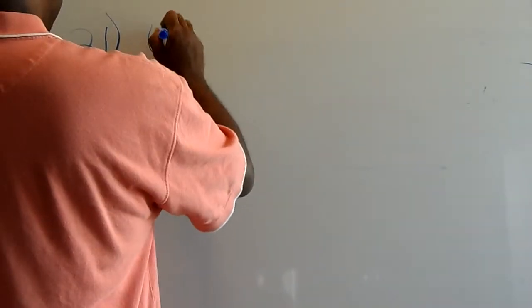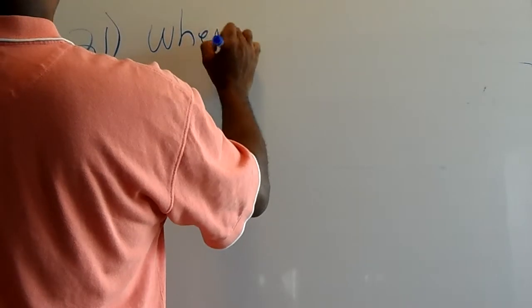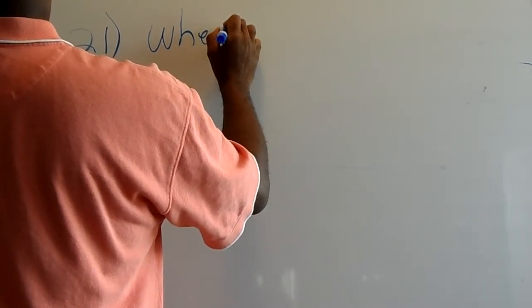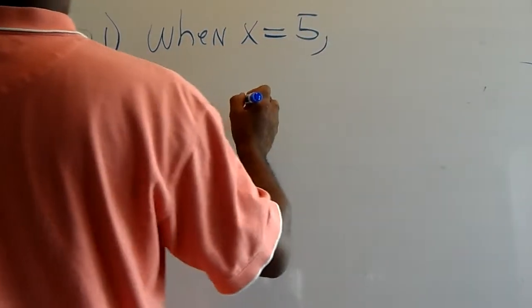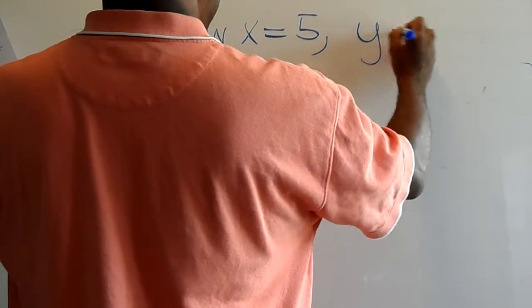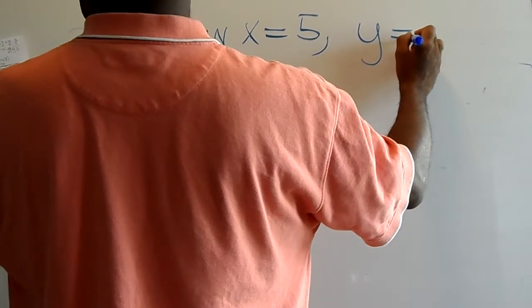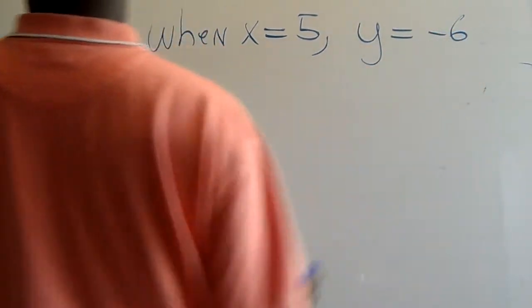It says evaluate negative x plus 9y when x is 5 and y is negative 6. Let's take a look at it. It says when x equals 5 and y equals negative 6.